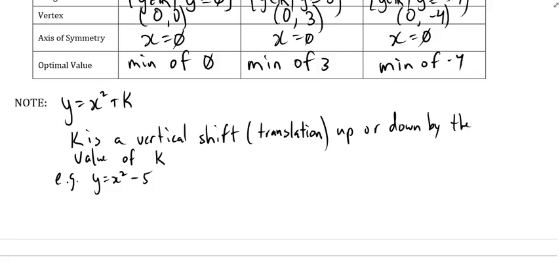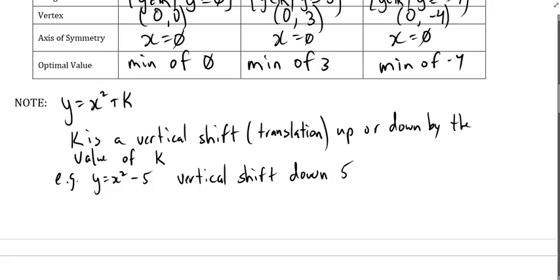That's what this means. So this has a vertical shift down 5. I said 4 important things there. Which type, is it vertical or is it horizontal? You have to say that.